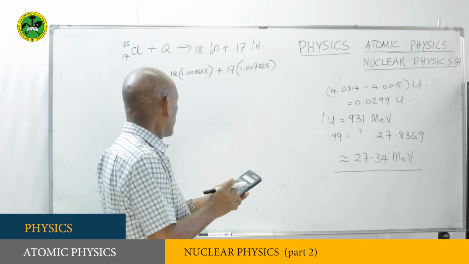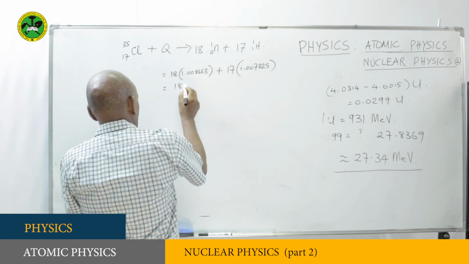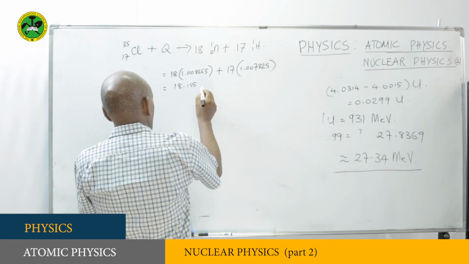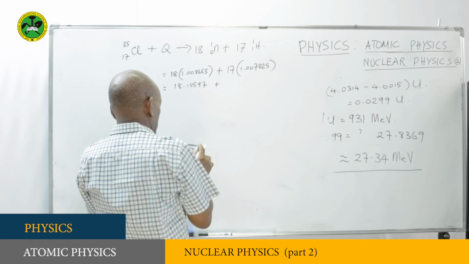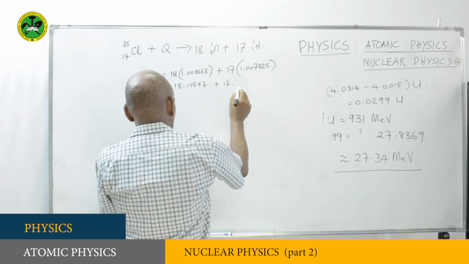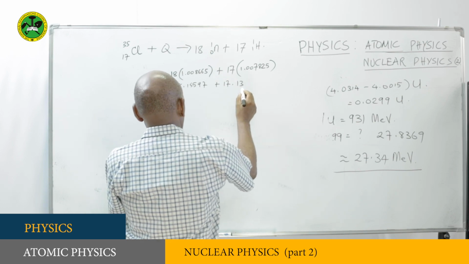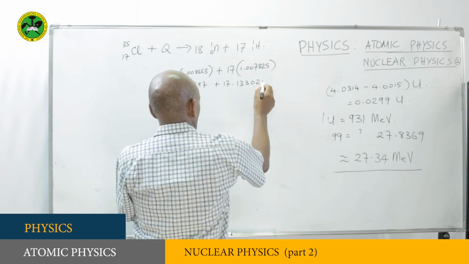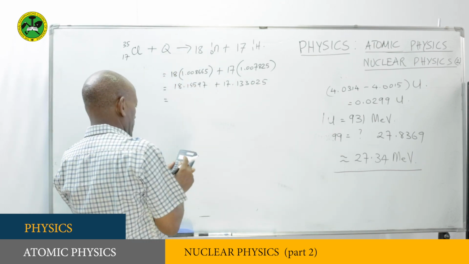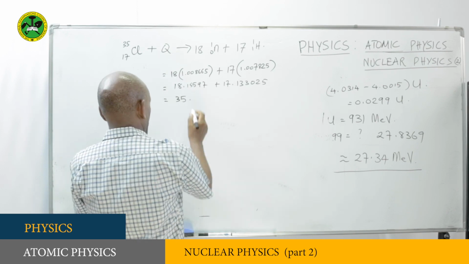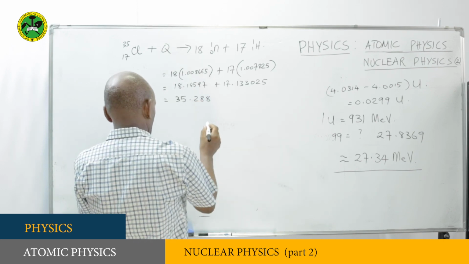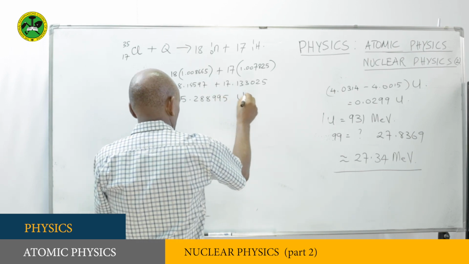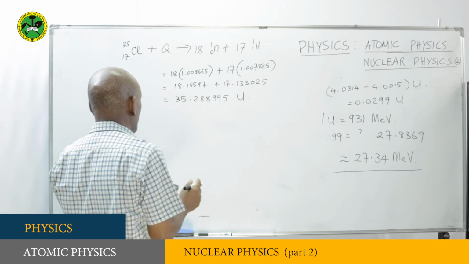Doing that calculation, here is 18.15597 plus 17.133025, and if we add, we get 35.288 unified atomic mass units.